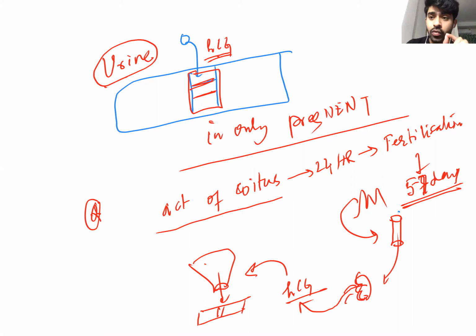So the answer to the lady's question is 5 to 7 days, but basically you will tell her 7 to 8 days, because there is no value in checking the urine HCG level before that. Ask her to check whether she is pregnant at least 7 to 8 or 9 days after the act of coitus.